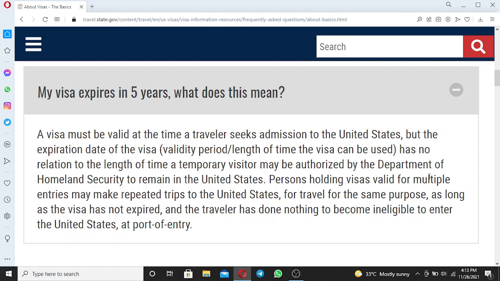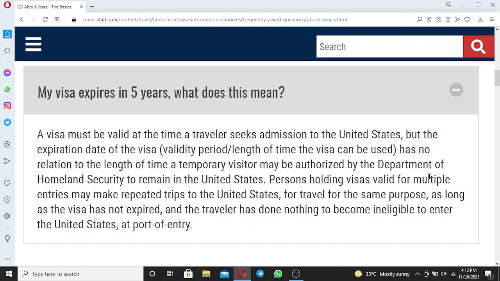So you can travel to the United States for the same purpose as your issued visa. For example, your visa is for a work permit and your visa is for 5 years. So you can go back and forth to the United States for the same purpose as your visa has been issued.